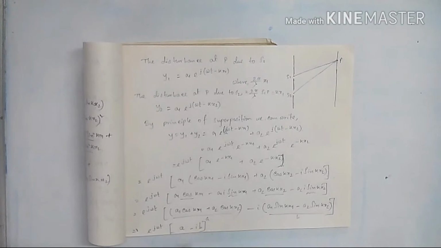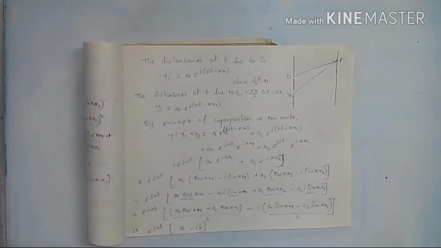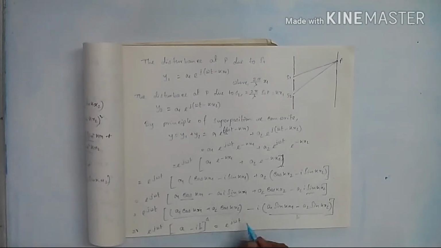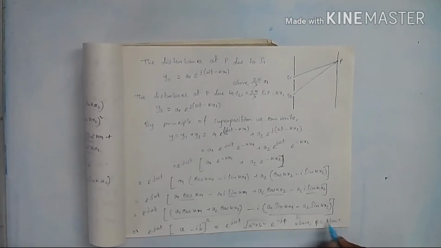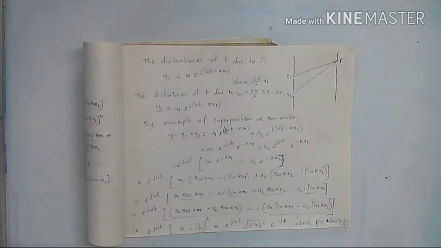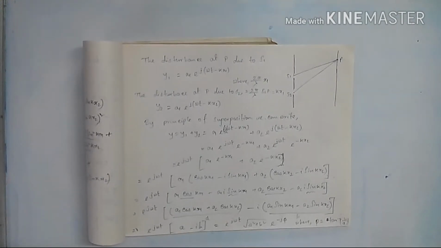This is a complex number, and from this we can write the amplitude of this complex number as root over a square plus b square, and e to the power j phi, where phi is the phase difference and phi is equal to tan inverse b by a. From the complex number, we get phi equal to tan inverse b by a.